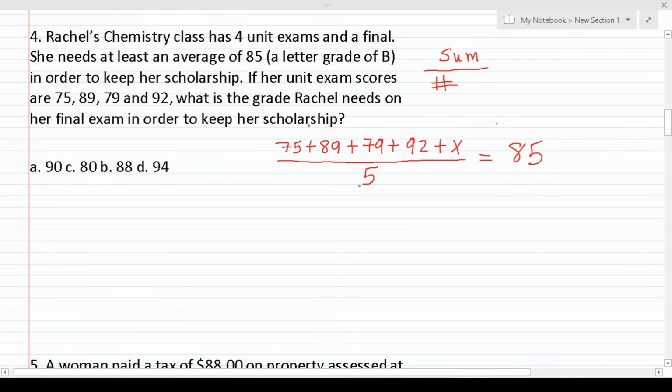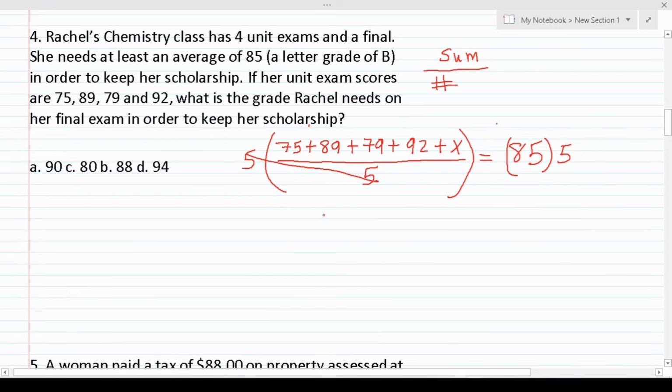So that's how you set up these problems. Again, you take the formula to find the average, you add X for the 5th unknown score, and then you set it equal to 85. Now it's a matter of solving this one. The first thing I'm going to do is multiply both sides by 5, which is going to get rid of this 5 in the denominator.